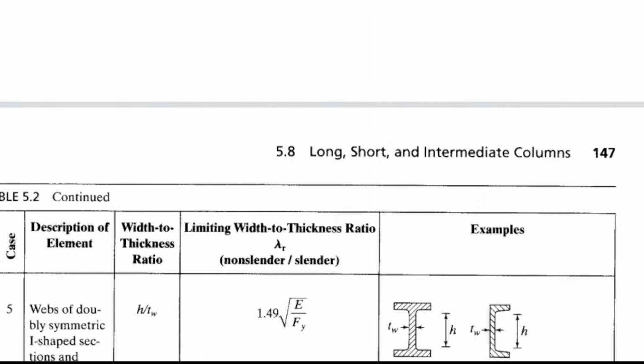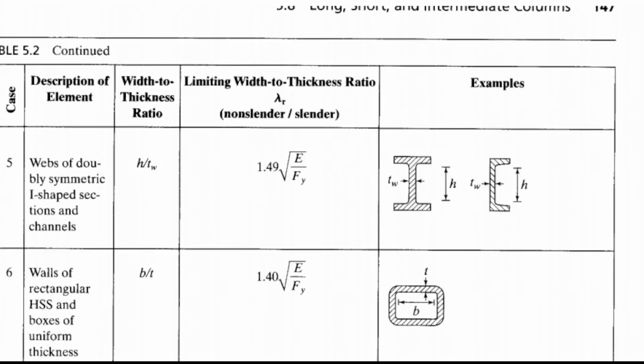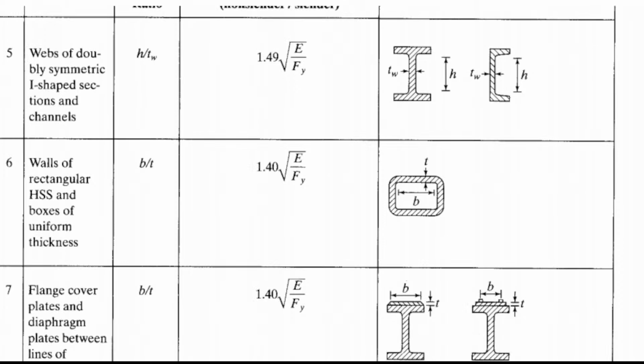Then, case number 5, web of doubly symmetric I-shaped section. We have to look at the web: the height of the web divided by tw, the thickness of the web.